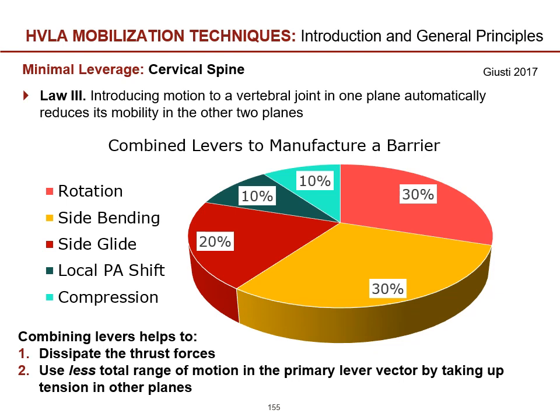And this gets directly to the definition of minimal leverage positioning, which uses not only the apposition of the joints, but also building and utilizing the tension of the myofascial and ligamentous structures of the neck.